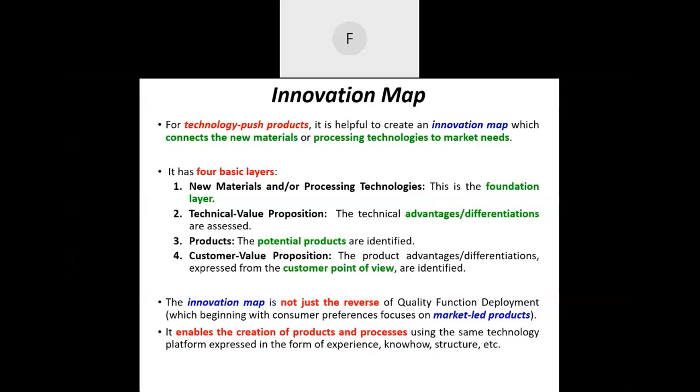Okay, so let's move to the innovation maps. Innovation map I think is also important. Conventionally, before they had computer tools or modelings, product development was trial and error based on experiments.